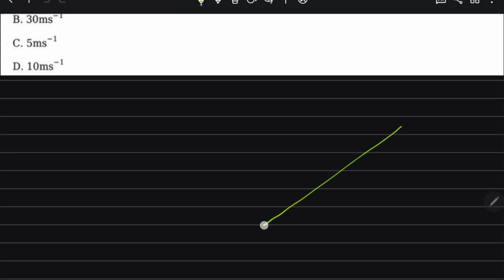So banked means the road is inclined at some angle. This angle I say theta. In general I derive this relation.